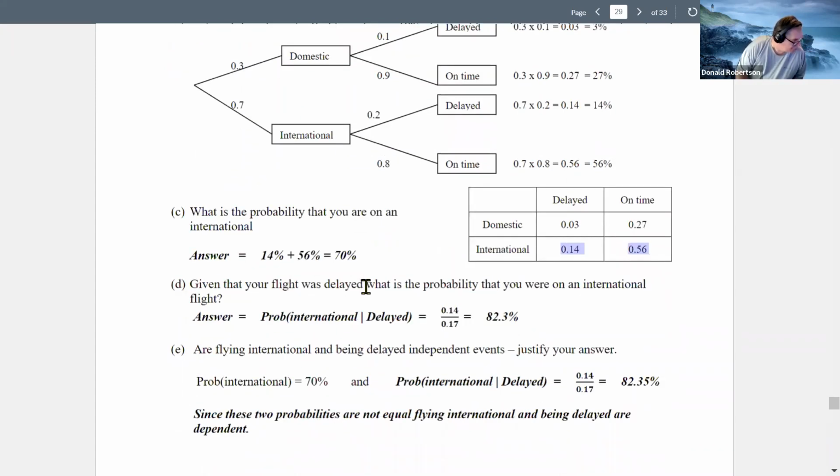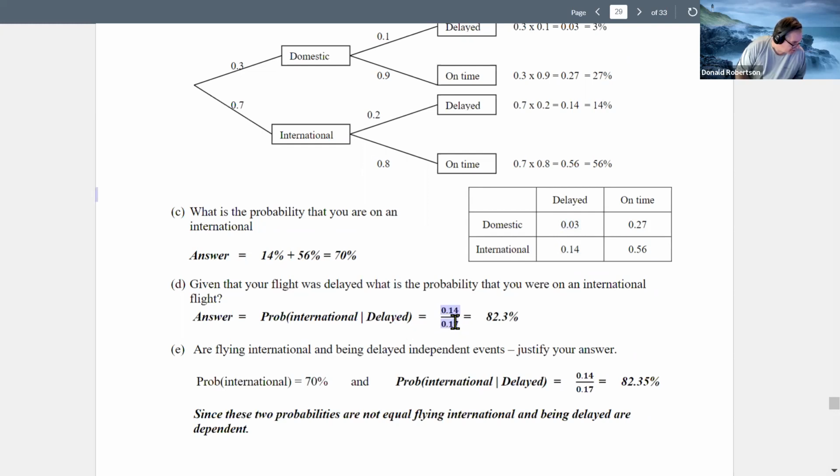Given that your flight was delayed, what is the probability that you were on an international flight? Now, since you were told it was delayed, it's those two. The probability that you're international goes on the top, and delayed, which is these two added together, goes on the bottom.